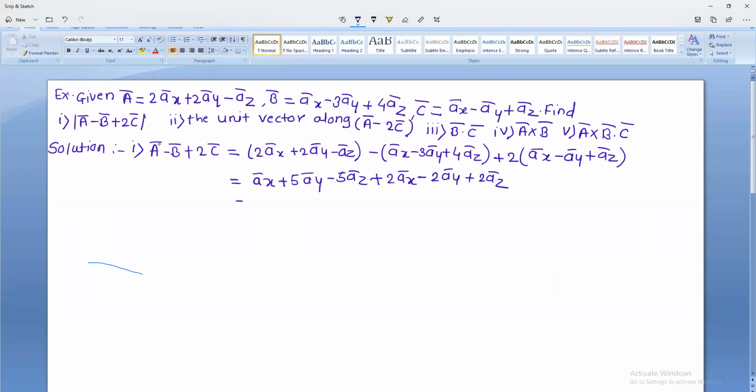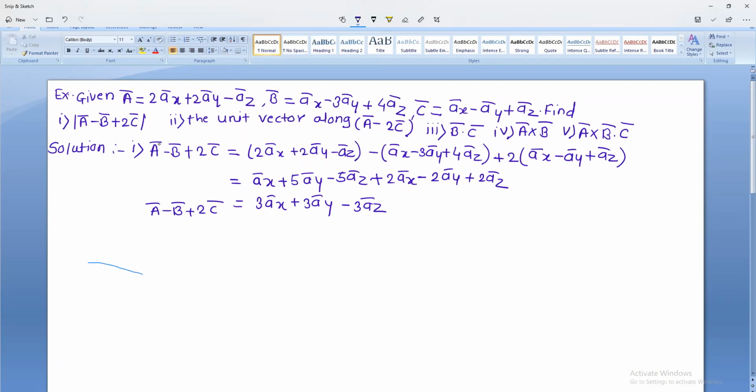So solve this again. a bar x plus 2a bar x is 3a bar x, then 5a bar y minus 2a bar y is plus 3a bar y, and minus 5a bar z plus 2a bar z is minus 3a bar z. Okay, so this is a bar minus b bar plus 2c bar.